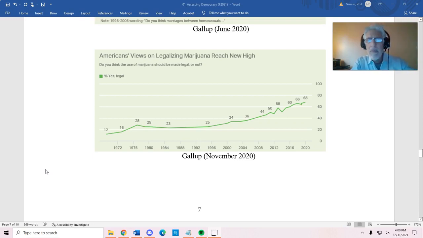Probably the first step will be to make it legal for research organizations to look at the medicinal value of marijuana. Right now, they can't even do research on marijuana because it's a Schedule 1 drug. Eventually, you're going to see that change. My guess is that in a few years' time, you're going to see medicinal marijuana being allowed at the federal level, and then ultimately marijuana being legal at the federal level as well.